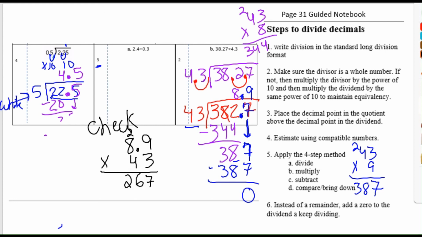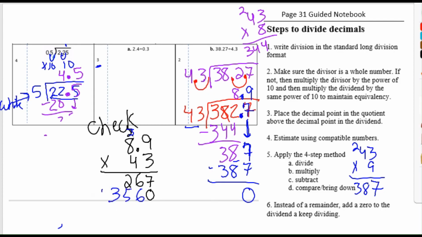And then I'm going to put a 0 as a placeholder because I'm moving on to a place value that's one higher than the one before. So I have to put a 0. So I have to multiply 4 times 9, which is 36. And then I have to multiply 4 times 8, which is 32, plus 3 is 35.